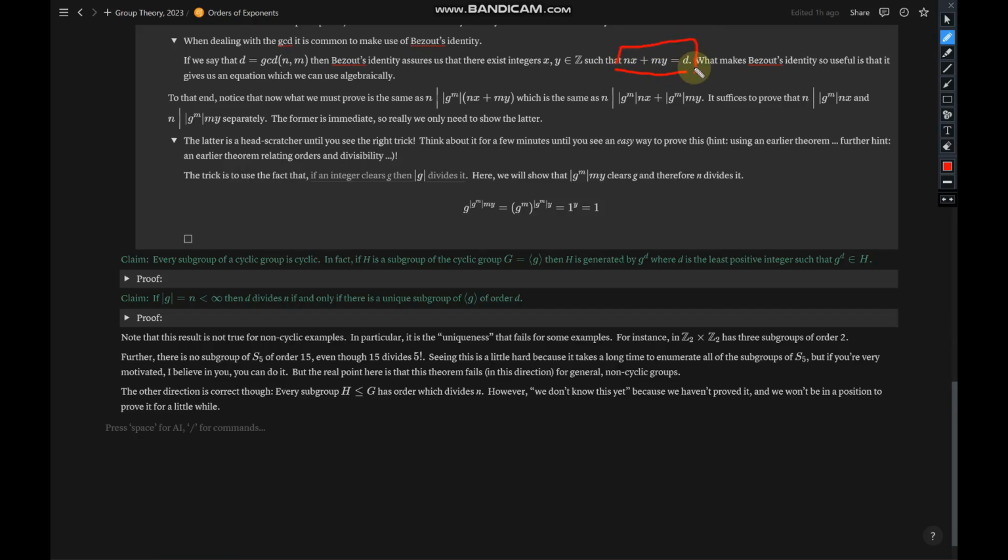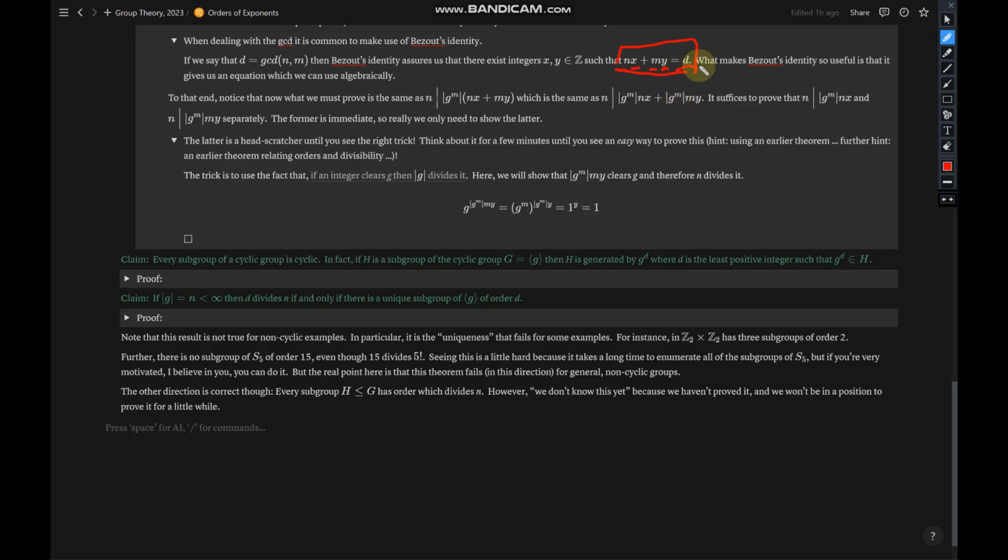This is an integer linear combination because all of the quantities involved are integers. It is linear because we're merely using plus and times, basically. And it's a combination because we're combining these quantities. So this is an integer linear combination, and it accomplishes the GCD.